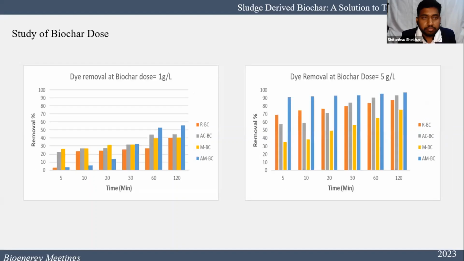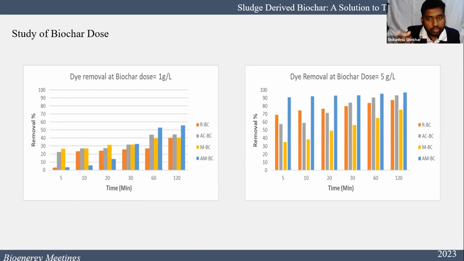Then the study of biochar dose. It was very interesting for me also. We can see the results if we add 1 gram per liter versus 5 gram per liter. In the 1 gram per liter case, the removal followed a pattern, and between 60 minutes and 120 minutes in the first graph, it is quite similar.